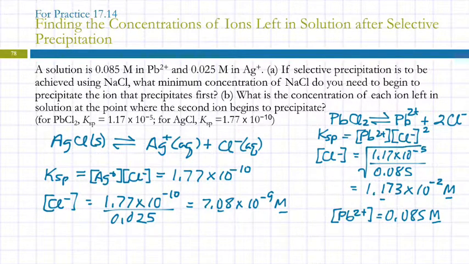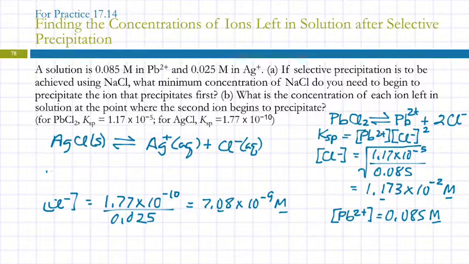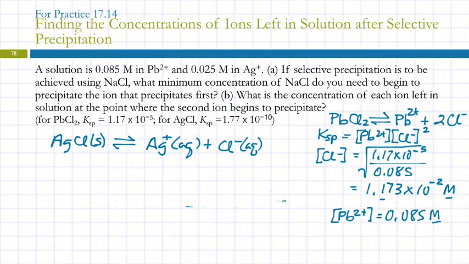We need to figure out what the concentration of, well, we did the concentration of chloride. We need to figure out what's the concentration of the silver ion now. So I'm going to erase some things over here. I may regret that, but let's make an ice table. So let's put in this for the concentration of the chloride.